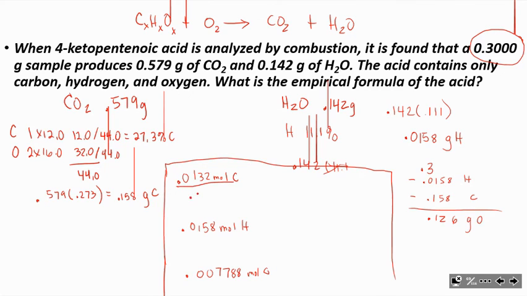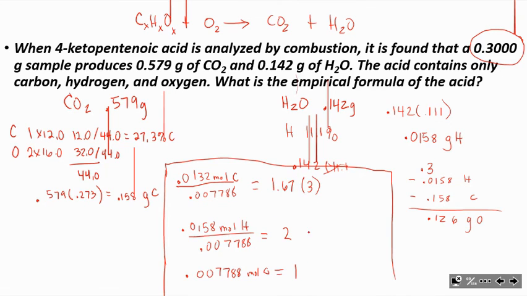And remember how we do these empirical formulas? We're going to divide by the lowest mole amount, which happens to be our oxygen. This, of course, divided by itself would be 1. This ends up being 2, and this ends up being 1.67. So here we've got a sticky situation where we don't have whole numbers, and you can't have decimal numbers in your formulas.